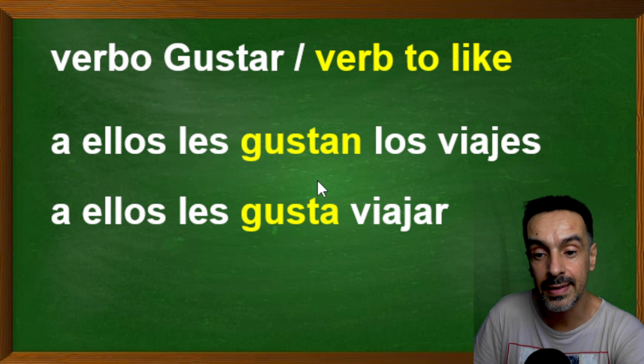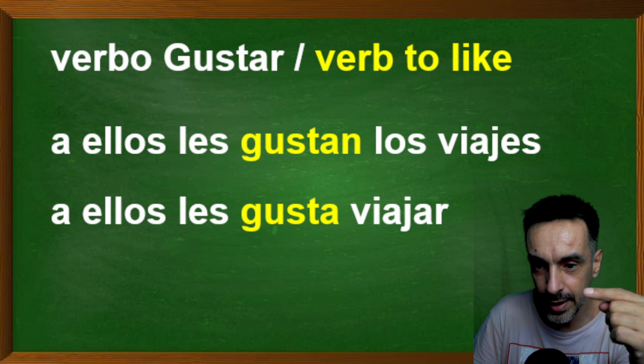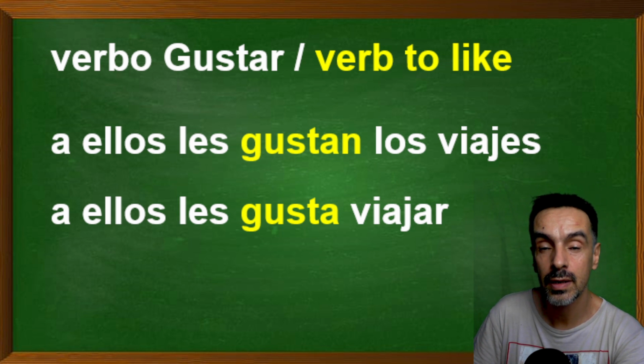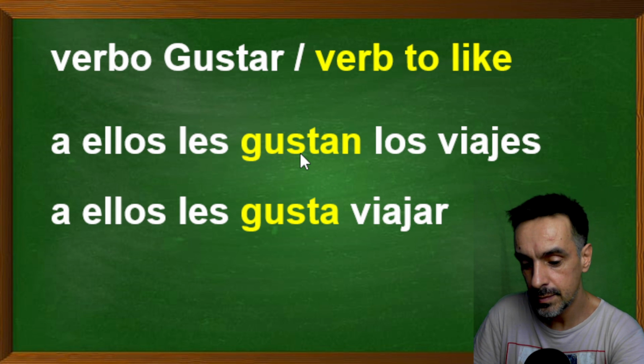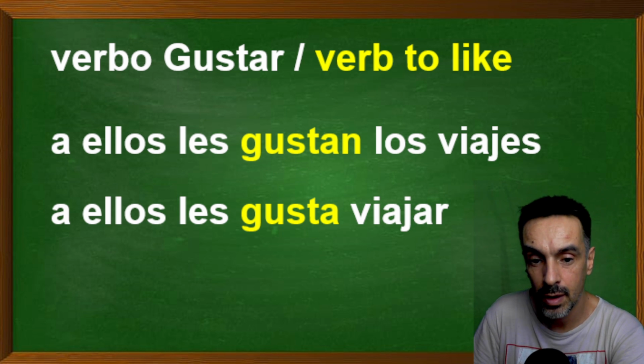So gusta is attached to the action viajar. Viajar sounds singular. Now, los viajes, the trips, yes, is plural. So it will refer to they. They like to travel in plural as well.